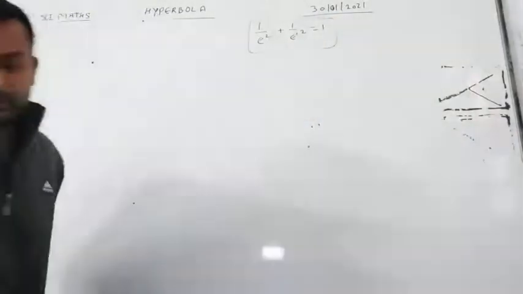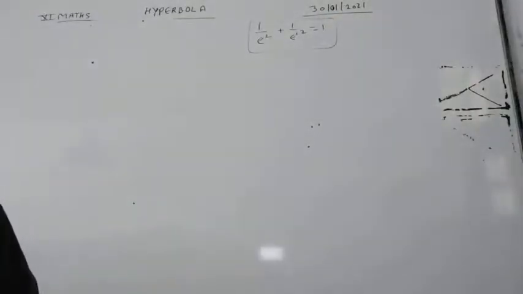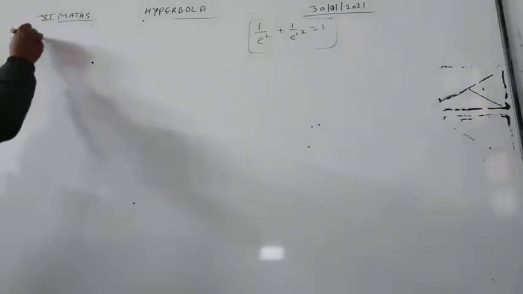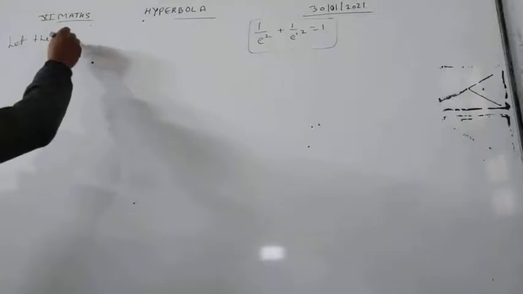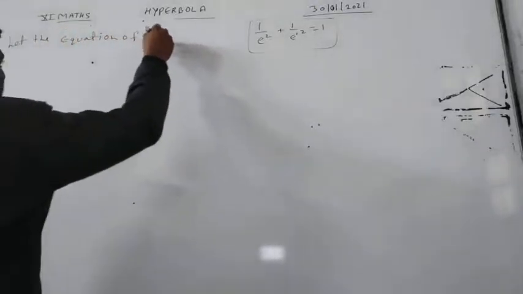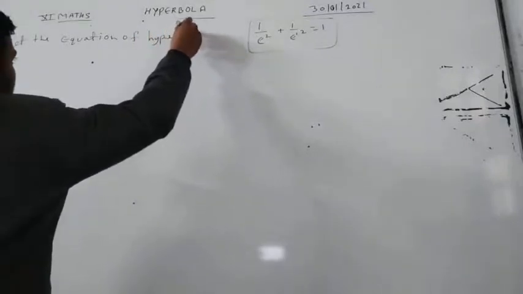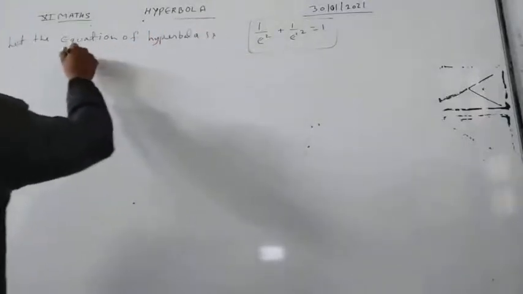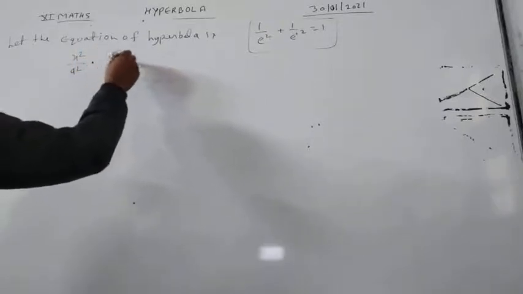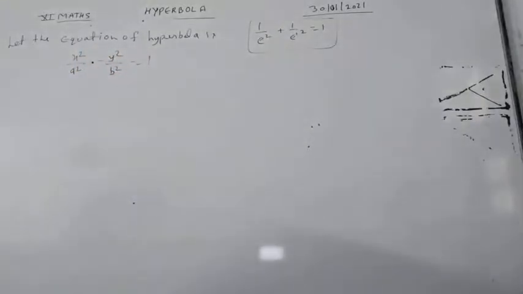Okay students, so we'll let the equation of hyperbola be x square by a square minus y square by b square is equal to 1.